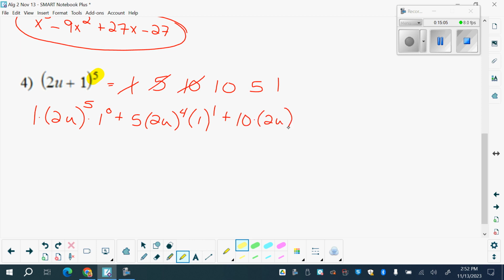2u to what exponent? 3. And then 1 squared. And then 10 again. What's the exponent on the 2u? 2.